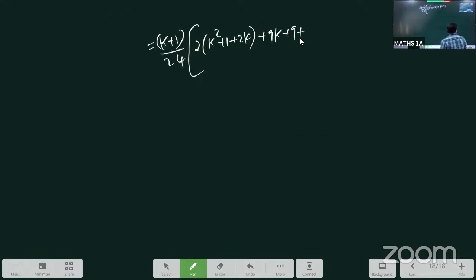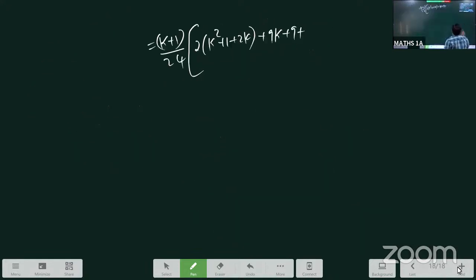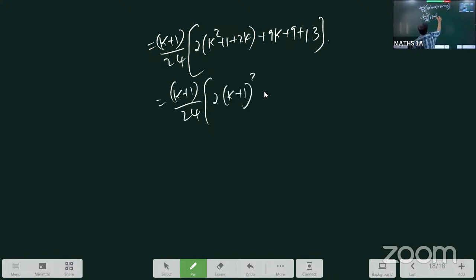From 22, if I subtract 9, what am I going to get? 13, correct? 13 plus 9 is 22 only, no? So from 22, I took out 9 common. So what will be left out? 13. That is nothing but (k+1)/24 into 2(k+1)² + 9(k+1) + 13. See, instead of n, you got k plus 1. Instead of n, you got k plus 1, or not?